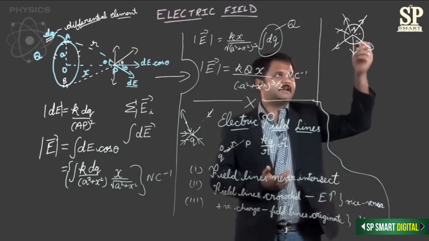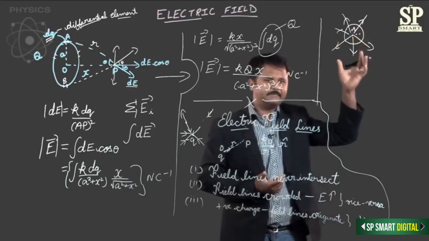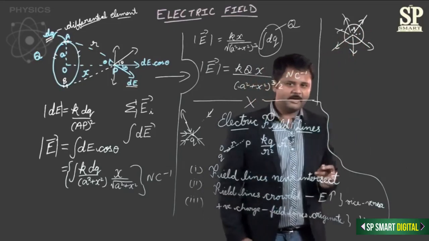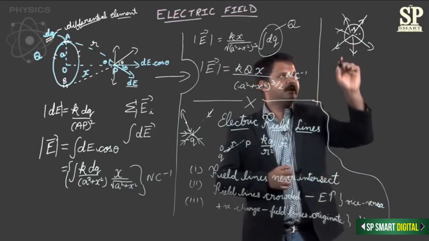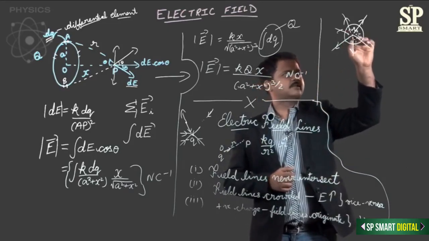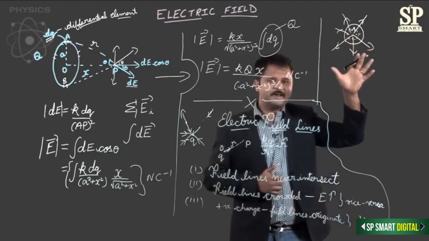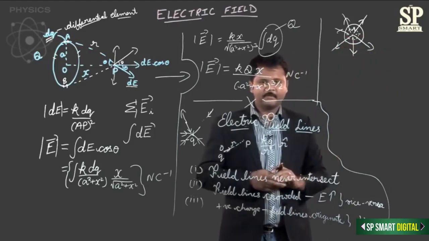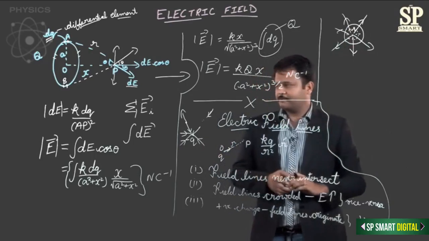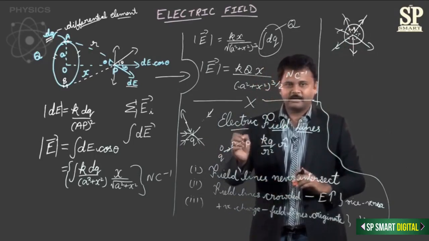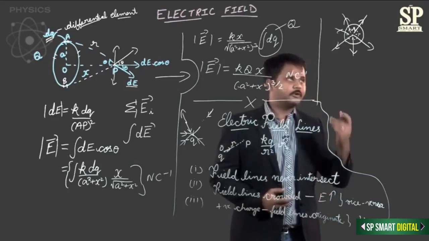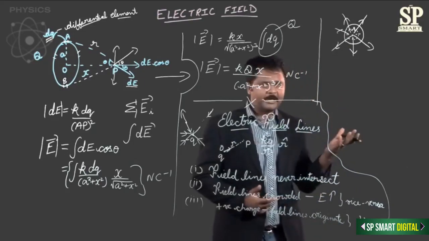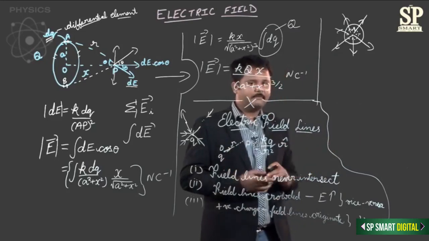It also means that around the sphere, if you take any point on the sphere, the magnitude of electric field will be constant. The other thing to notice: if you take a sphere with a smaller radius, the crowdedness of the electric field lines increases. It can also be understood from the formula for electric field. The formula is kq upon r square, which is inversely proportional to the distance between the source charge and the point at which we have to calculate the field.